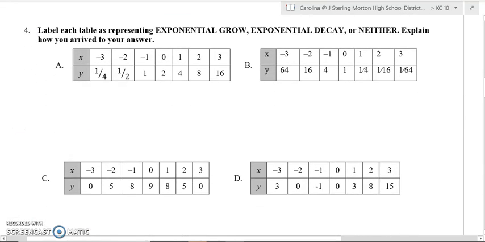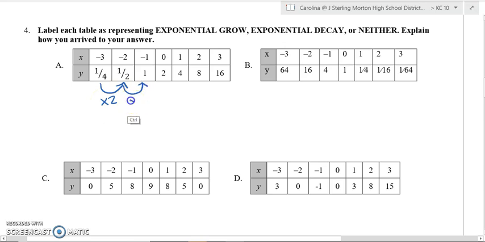Number 4. So it's the same type of problems. Label each table as representing exponential growth, exponential decay, or neither. Explain how you arrive at your answer. So from 1/4 to half, this one's a little bit complicated. I'm multiplying by 2.